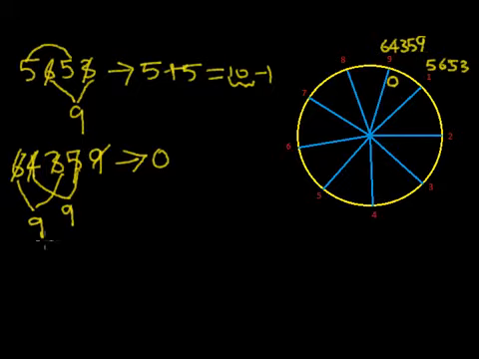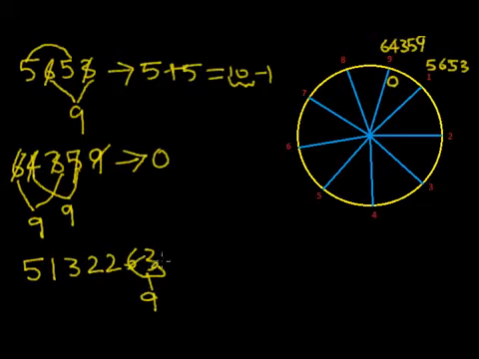Let's try one more sample so we get the hang of this. I'm going to try a fairly large number, 51322 63. Now let's look out for the patterns. Right there, 6 and 3 add up to 9, so we can ignore them.